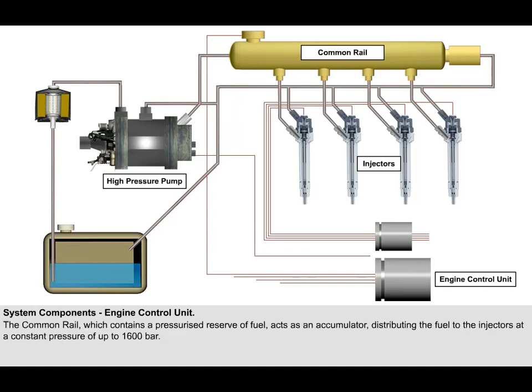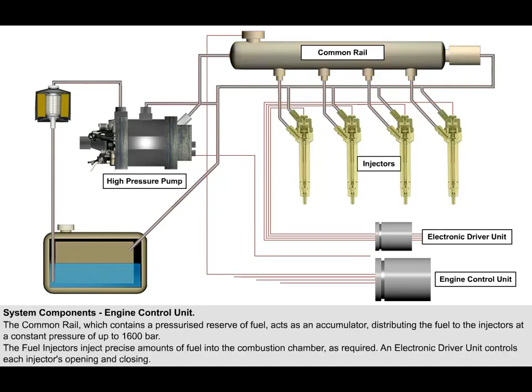The common rail, which contains a pressurized reserve of fuel, is upstream of the injectors in the cylinders. It acts as an accumulator, distributing the fuel to the injectors at a constant pressure of up to 1600 bar. Mounted in the cylinder heads, fuel injectors, which are really high-speed solenoid valves, inject precise amounts of fuel into the combustion chamber as required.